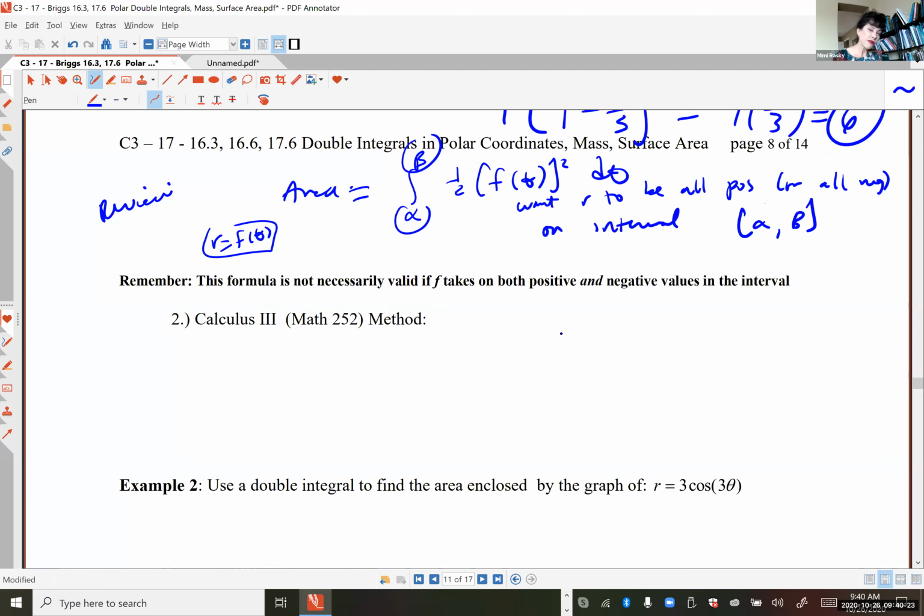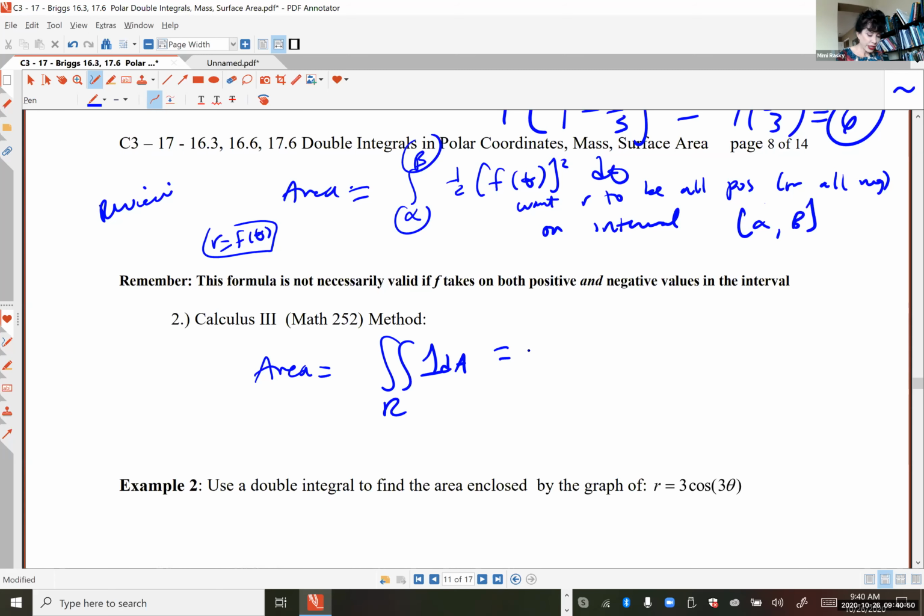Okay. So we're not going to use this formula in Calc 3 because we don't need to, because our formula is better. So first I need you to remember, what is the integrand when you're using a double integral for area? 1. 1, very good. So that's still true. Good news.